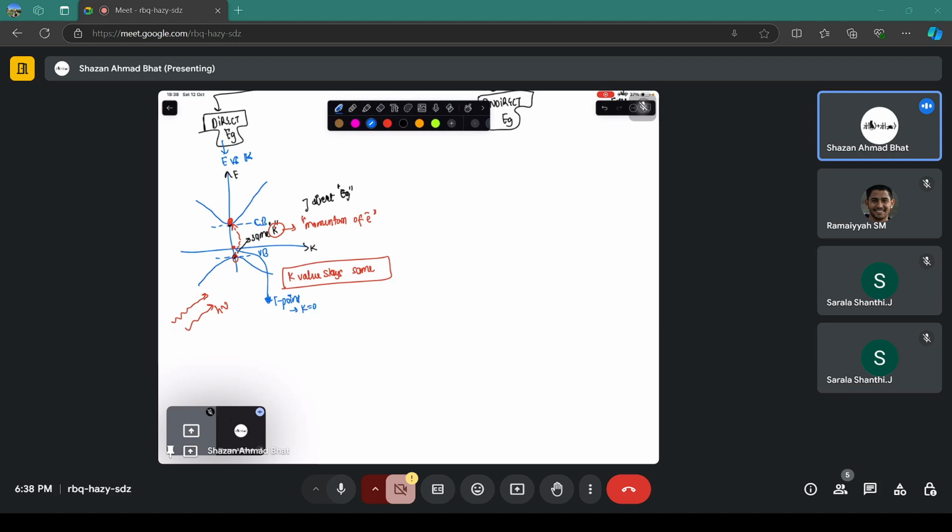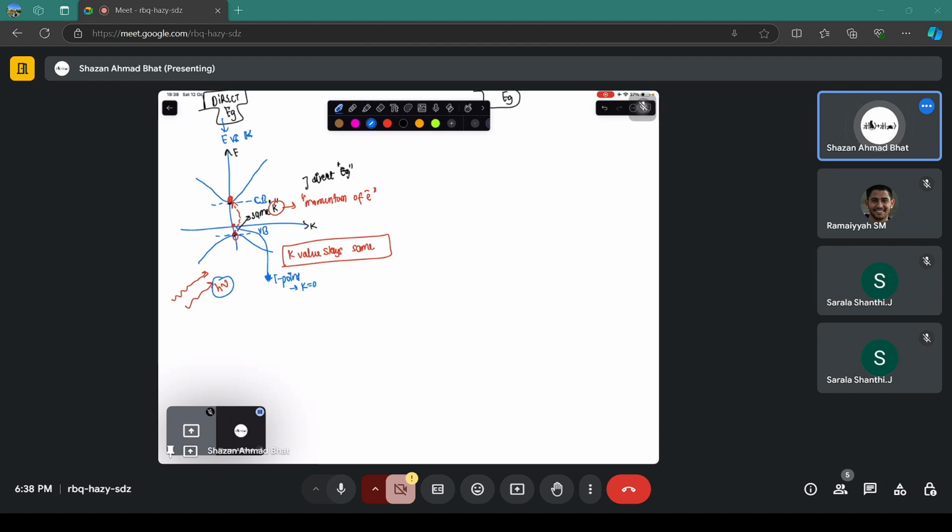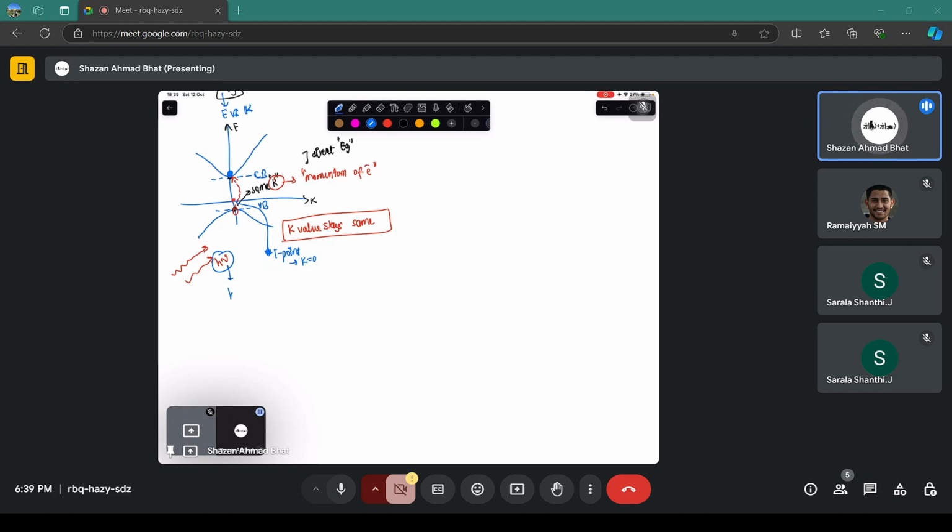Now what is the significance of this direct band gap semiconductor? Whenever the light comes, it creates the electron hole pair. It does not need to change the momentum of the electron in order to make any transition. So that is the advantage. If this gap is the energy gap, whenever h nu is greater than or equal to the energy gap value, it can create electron hole pairs easily.